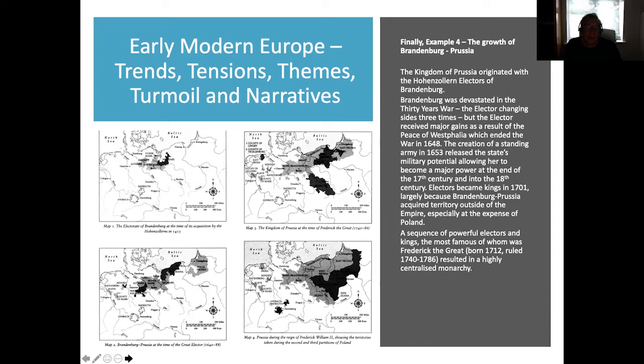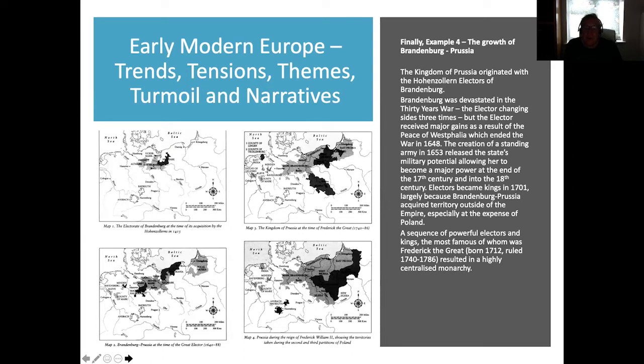During the 30 Years' War, this territory was devastated along with the rest of Germany. And the elector changed sides 3 times. But as a result of the Peace of Westphalia, which ended those wars in 1648, he gained territory. And you can sort of see that in map 2, okay?